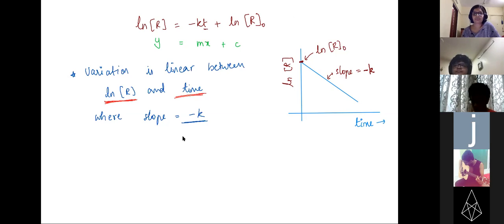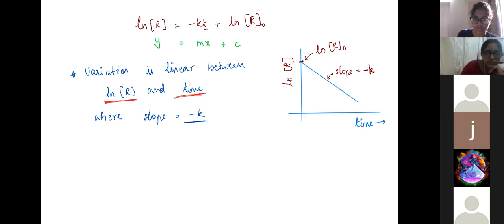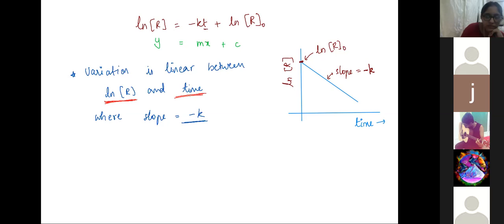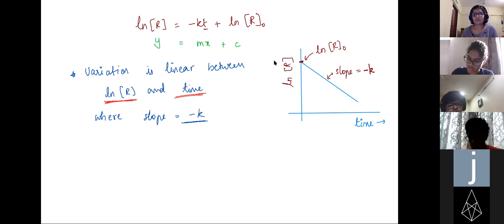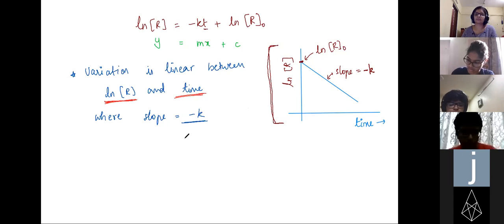Also done. All right. Ma'am, one second. So note down this graph. This is important. Don't just write it in words, but note down this part.